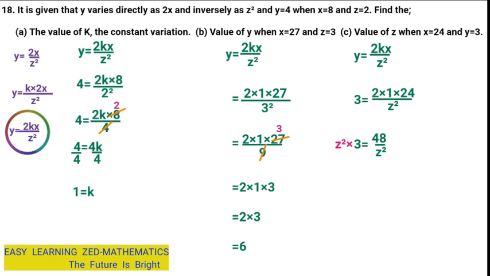So z squared times 3 will give me 3z squared, which will be equal to, then the z squared on this side will cancel each other, and I'm going to remain with 48.